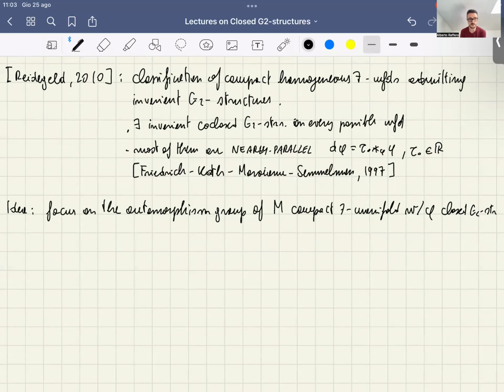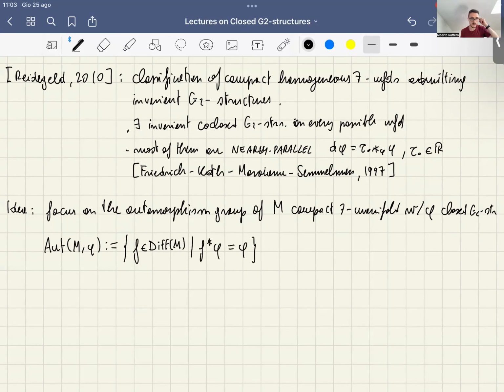The idea is focusing on the automorphism group of M. From now on, I will assume that M is compact. For the moment, let's give the generic definition, which holds for every G2 structure φ. The automorphism group is defined as the group of diffeomorphisms of the manifold that preserve the three-form φ defining the G2 structure by pullback.